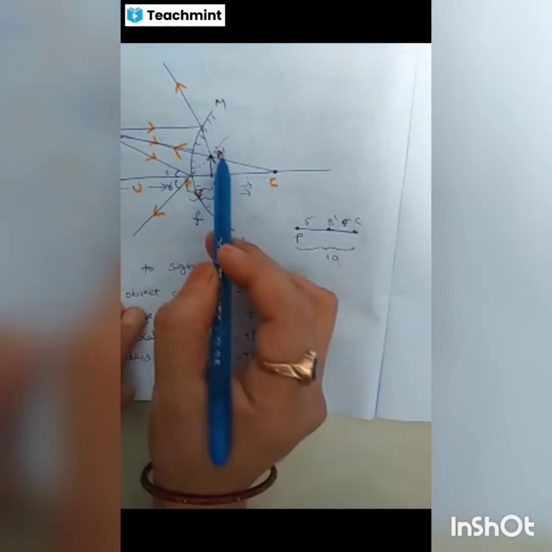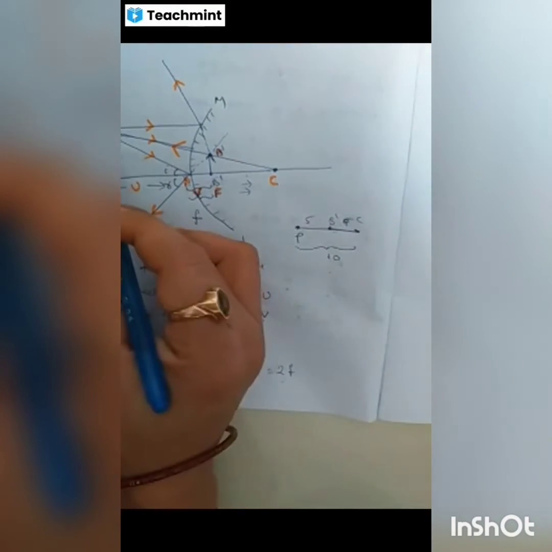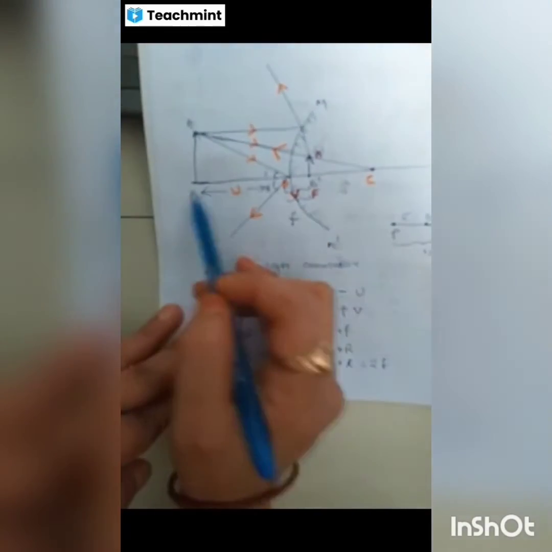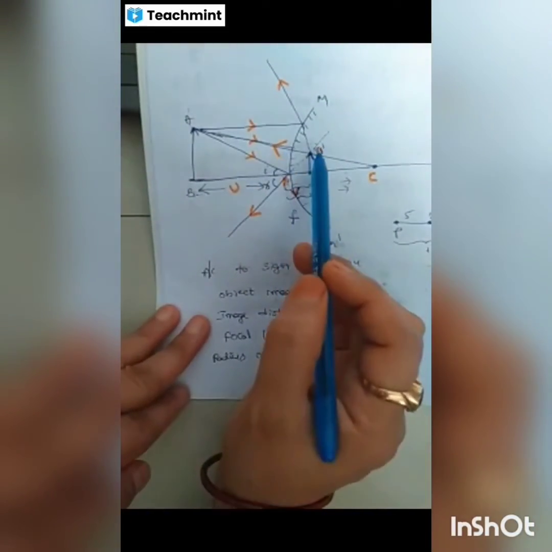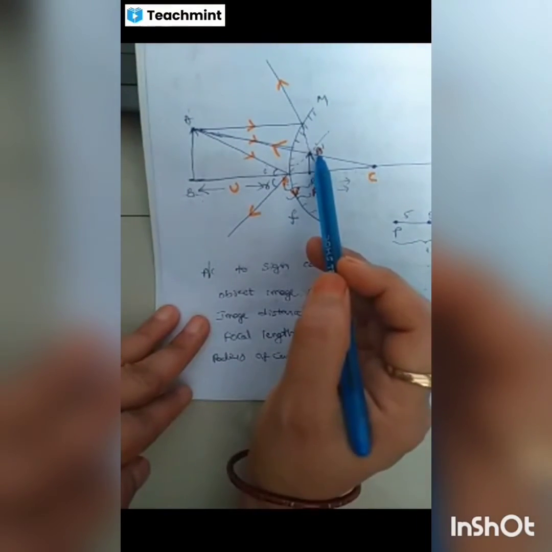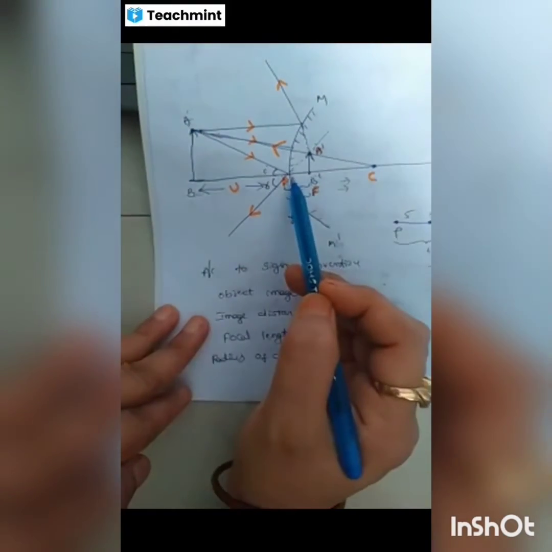Before, what did we take? A dash B dash C and ABC. Now what we are taking? A dash B dash P is equal to ABP.